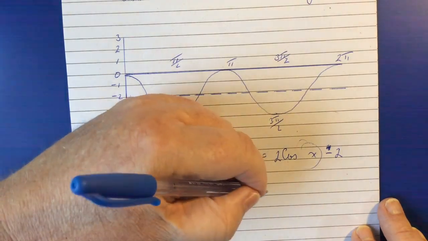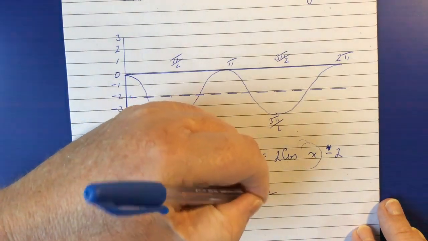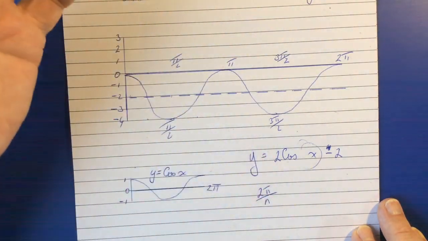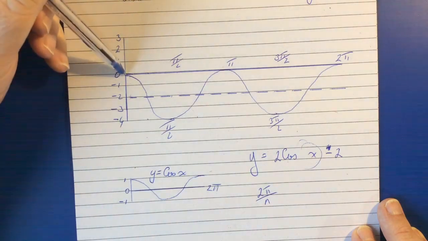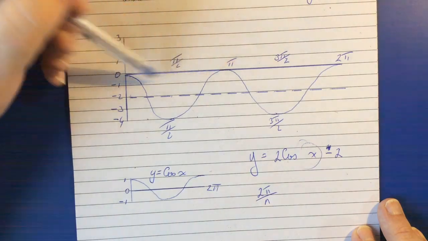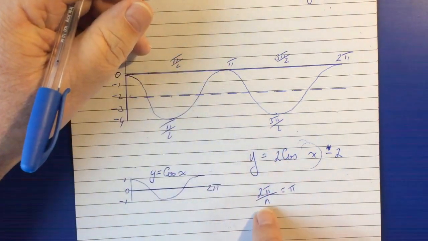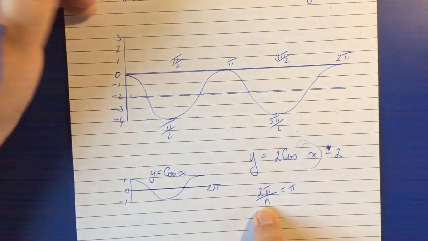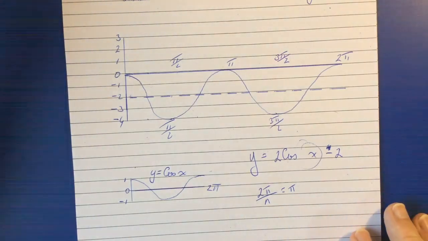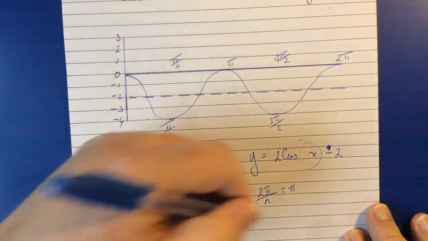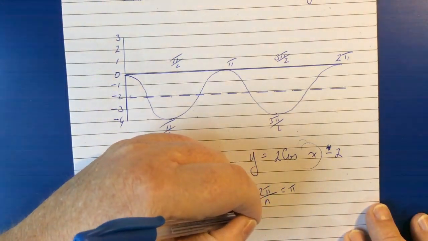So let's take our little formula for the period of a cosine graph. And in this case, our cosine graph's period is pi. So we are going to solve for n. This now comes down to just a bit of algebra.